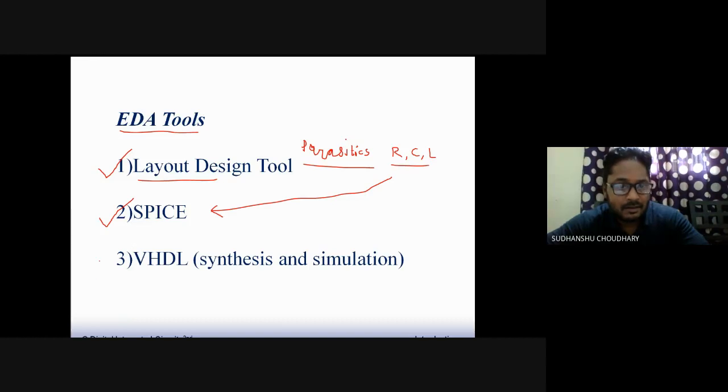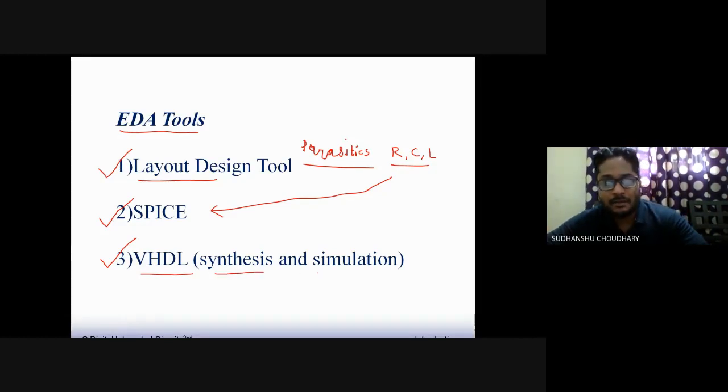Then the third tool that I would share with you will be based on front-end design. As I said, you also have a lab running in this semester based on, I think, Verilog or VHDL. So here you will learn how to design your digital circuit, and then you have to perform two things, that is synthesis of your code.